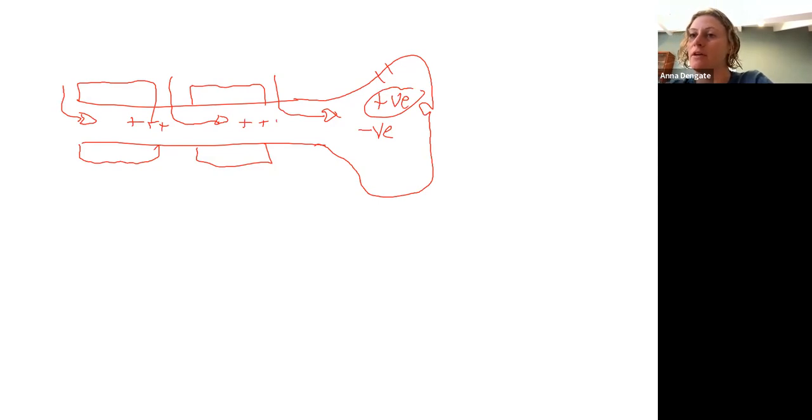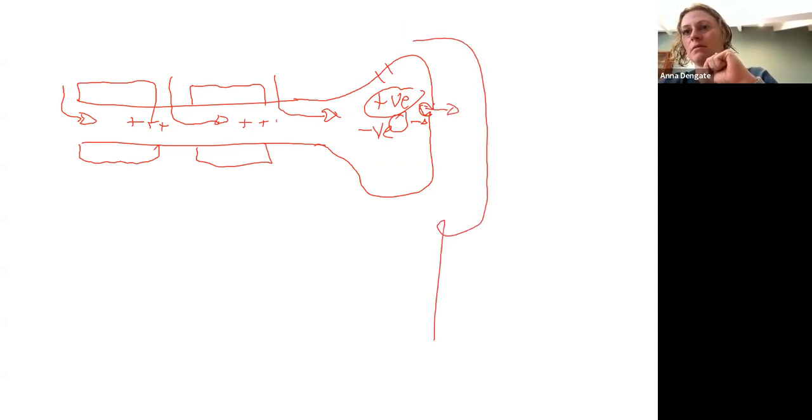We get an influx of the calcium, and what that does is trigger the little vesicles which carry the neurotransmitter in this nerve terminal to make their way down to the synapse. This is a vesicle fused to the end of the nerve terminal and emptying its contents into that synapse. Does that make sense?